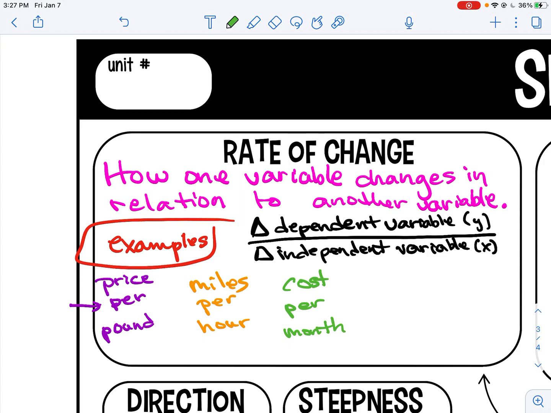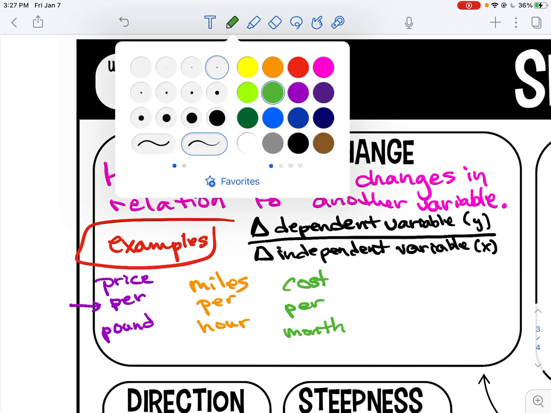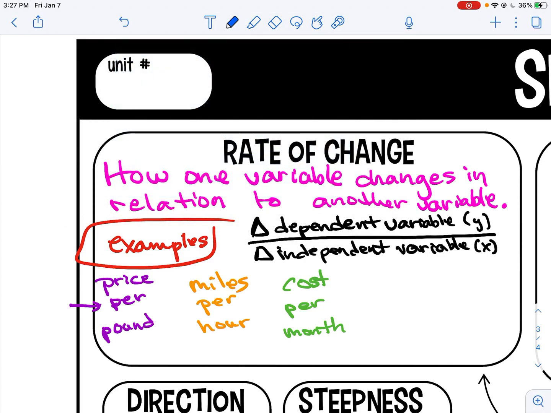A lot of times, if you look at the last two that I just wrote down, it's a time period, so water used per minute. A lot of them have time as the independent variable.